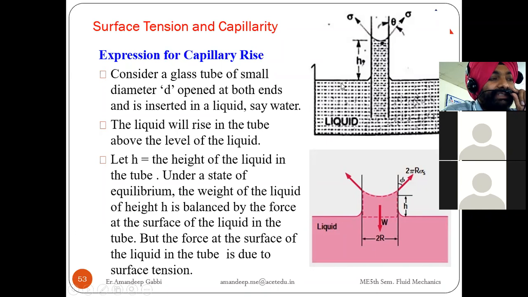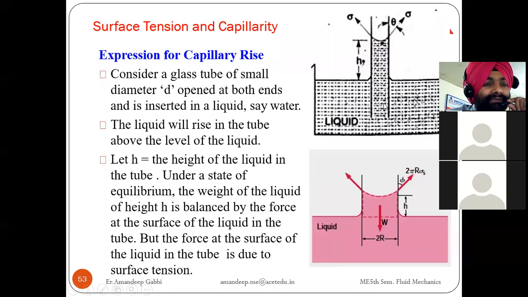Surface tension pushes the liquid inside, and adhesive forces push the liquid into a small diameter pipe. Consider a glass tube of small diameter d, open at both ends, and inserted in a liquid, say water. The liquid will rise in the tube above the level of the liquid. This is the general level of the liquid.